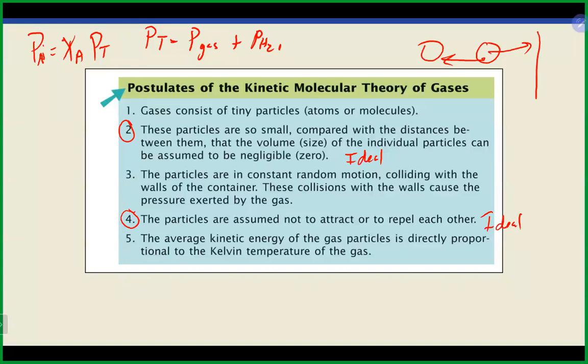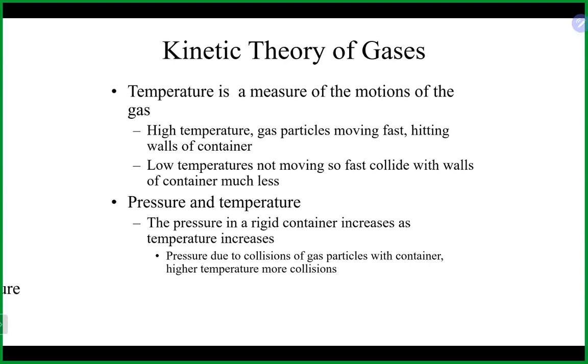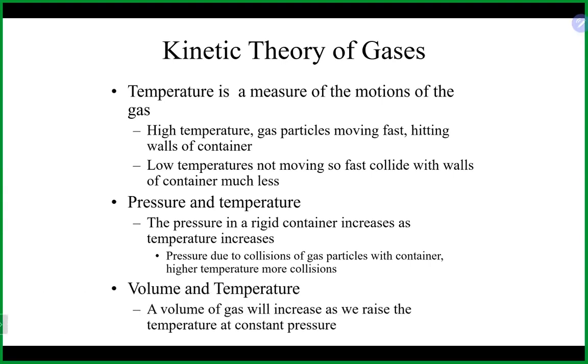The fifth thing that you need to know is, again, that the kinetic energy of gas molecules is related to temperature. As we've been talking about in this chapter, the higher the temperature, we would expect those gas molecules to be flying around faster, and at lower temperature, they would be flying around slower.